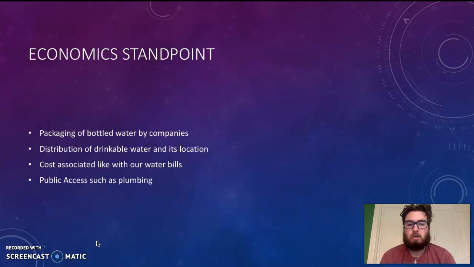Packaging of bottled water. Most of the time we go to the store and we might purchase a bottle of water, and a lot of the times we're not even purchasing the water, we're purchasing the plastic that encompasses the water. And this simple fact kind of puts us on a path to where we need to understand that the trash has the potential to enter our oceans and our lakes and rivers.